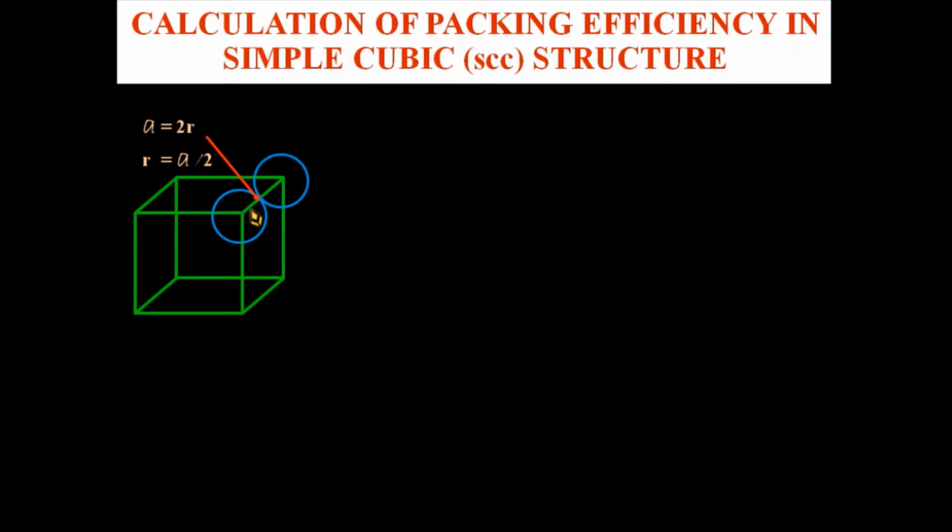The radius of the sphere is R and the edge length is A. Since each corner atom contributes 1/8 of an atom, the total number of atoms in the unit cell is 1 by 8 into 8, that is equal to 1 atom, as we discussed before.